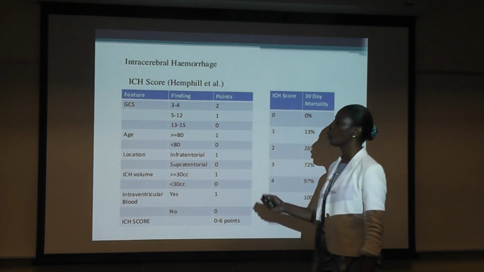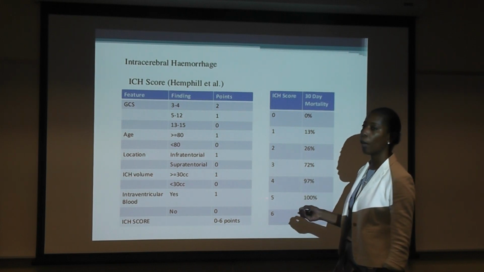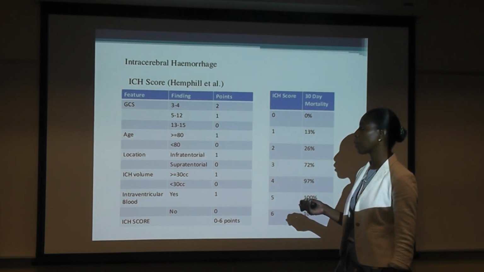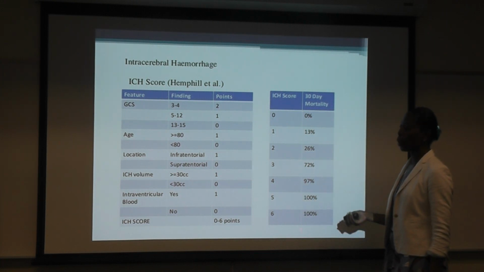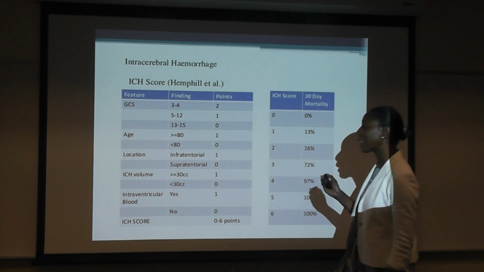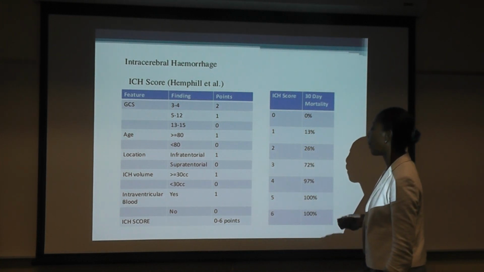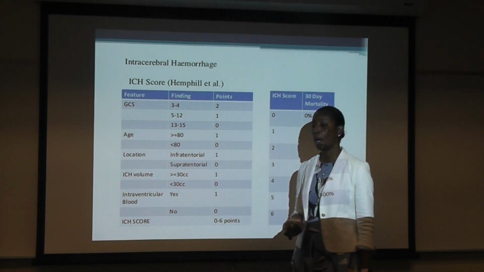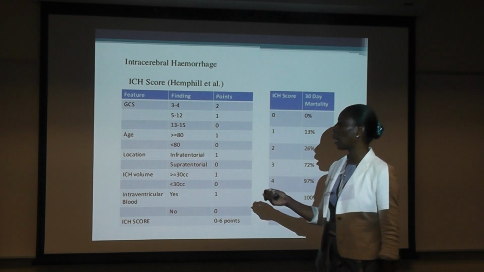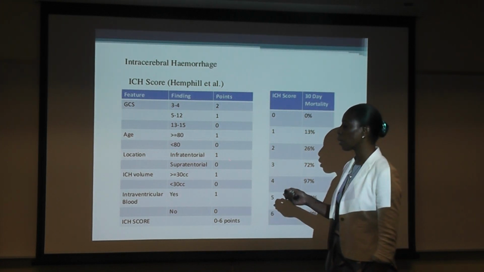We have the ICH score scale, and this is actually based on a lot of research that they've done over the past few years, and you actually score them coming in. And it tells you a 30-day mortality, or a guesstimation of a 30-day mortality, if they come in with a certain number. Okay, you don't have to memorize this, it's more for informational purposes. But usually the patients with infratentorial hemorrhages do worse.